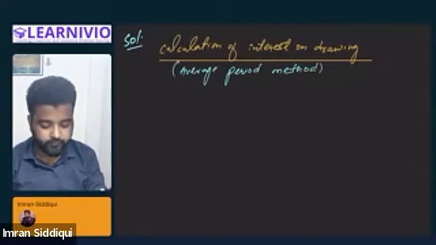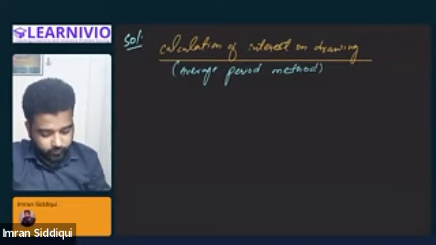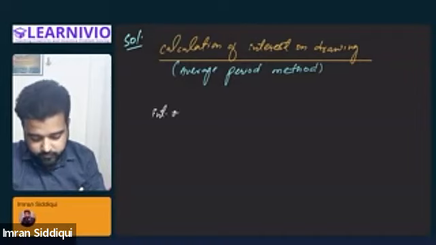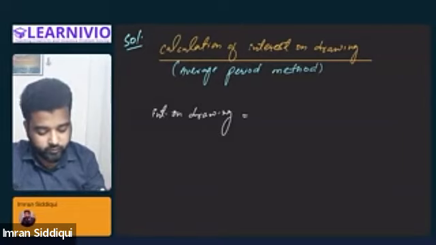So to find out the interest on drawing by average period method, we'll just apply the formula. Interest on drawings equals to, what is the formula?